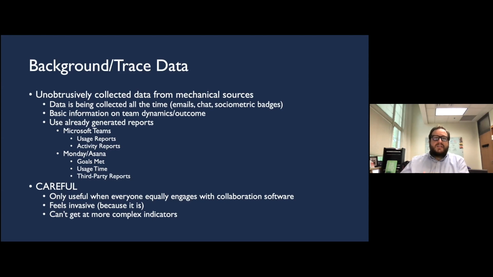But honestly, I'd be very careful with using these. They're only really useful when everyone is equally engaging with these collaboration softwares. And your team members may feel like it's being invasive, because it is. You're kind of micromanaging, as we talked about before, not the good kind.